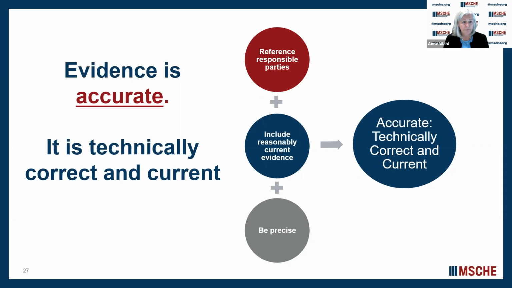But please be sure to reference the responsible parties. You'll see on some of our slides, we say Middle States staff source, or we even cite the institution. But typically, for the purposes of the evidence inventory, the data sources are usually noted at the bottom of a document or in the narrative, where you say the Institutional Research Office provides an annual report.